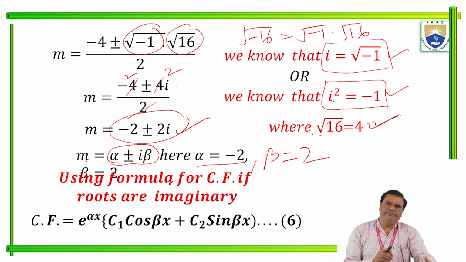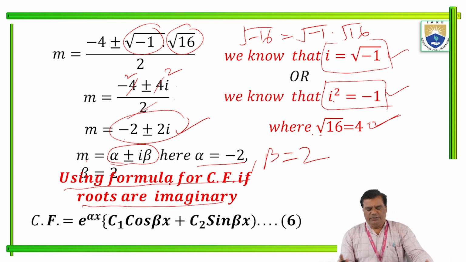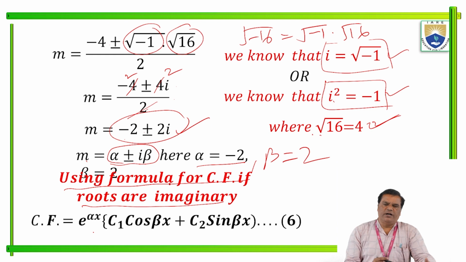Using the formula for CF if roots are imaginary, CF is equal to e to the power alpha x, C1 cos beta x plus C2 sin beta x.